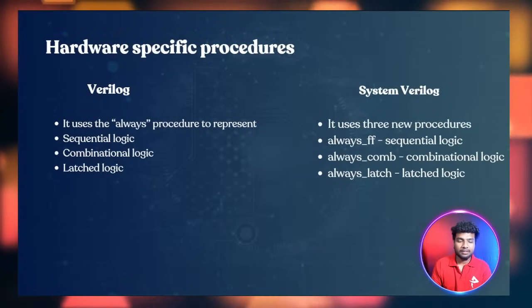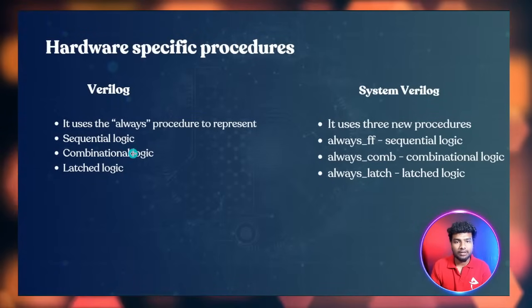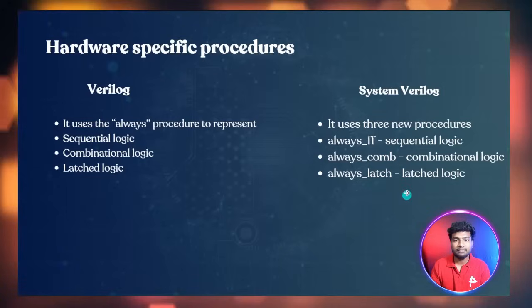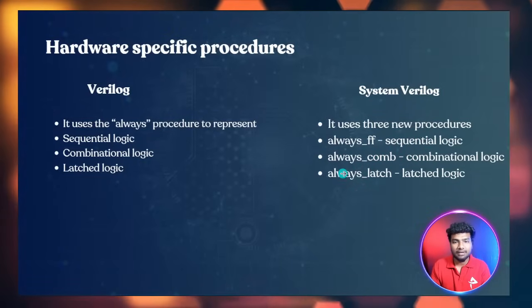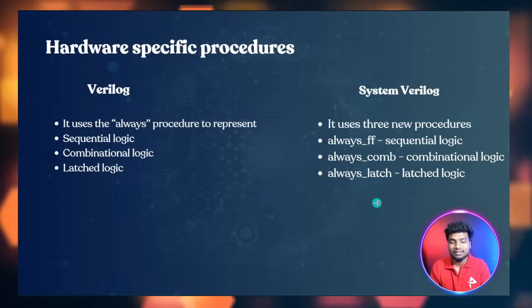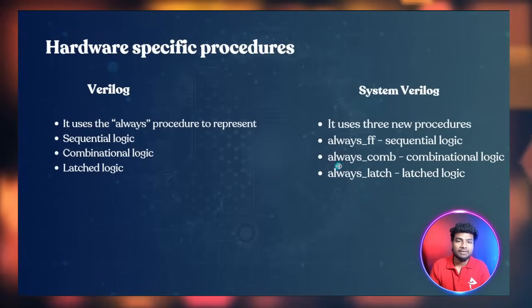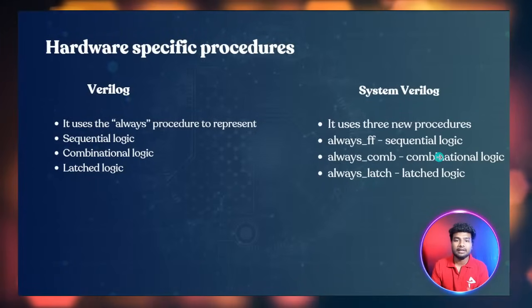This is also about hardware specific procedures. In Verilog we only have the always block and the initial begin block. But in SystemVerilog we have always_ff, always_comb, which means always combinational, and always_latch. These are the procedural blocks in SystemVerilog. In Verilog we only have the always block, but here we can declare them separately.